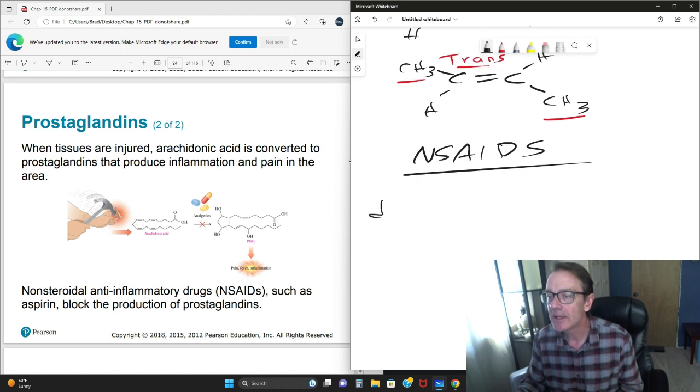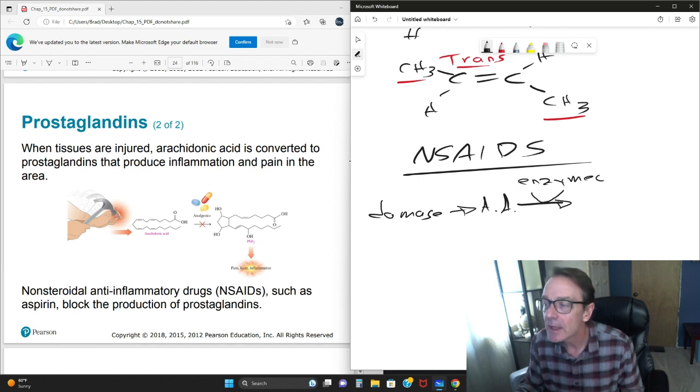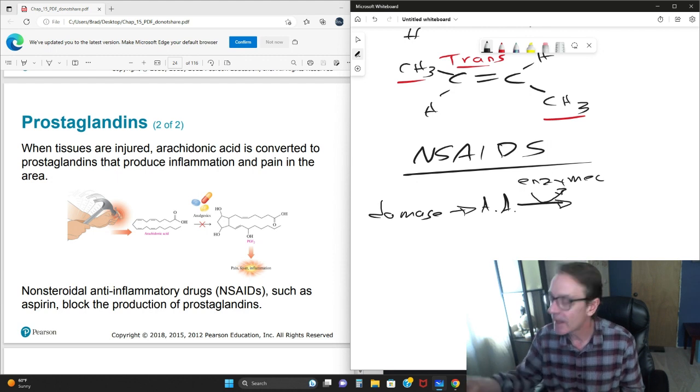So tissue damage releases arachidonic acid, and there are a series of enzymes that convert arachidonic acid into these PGF.